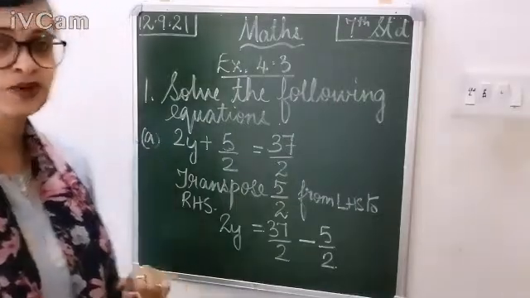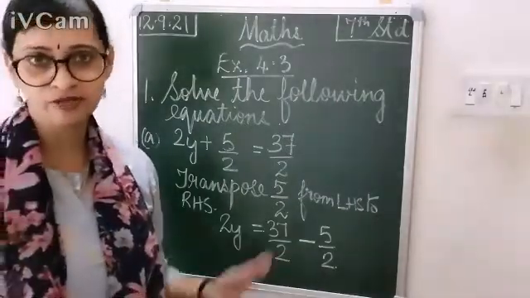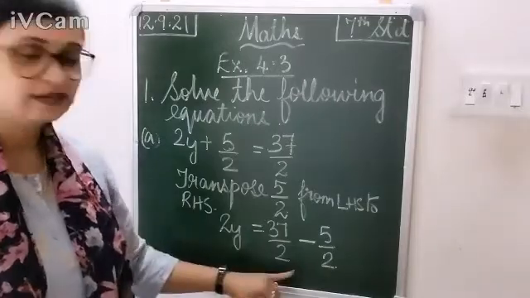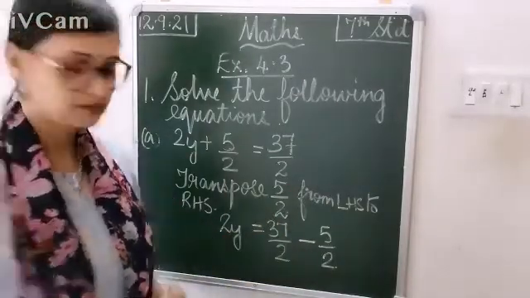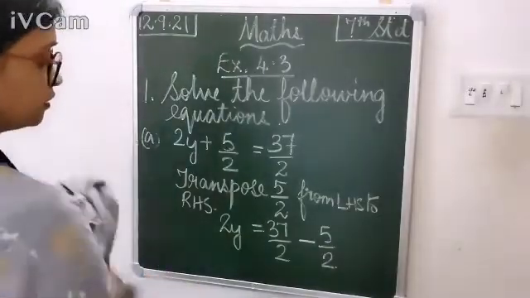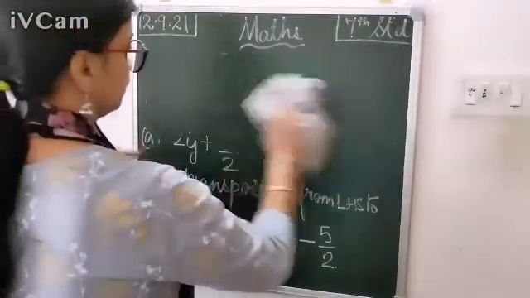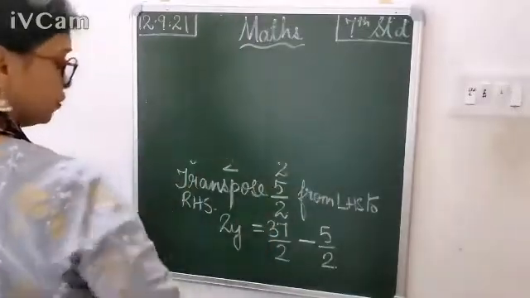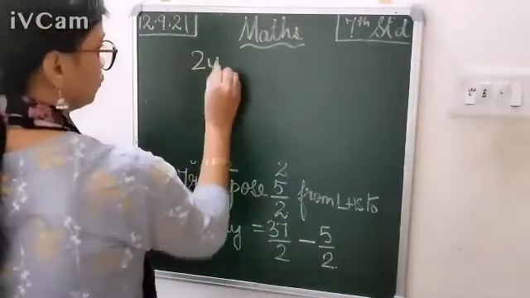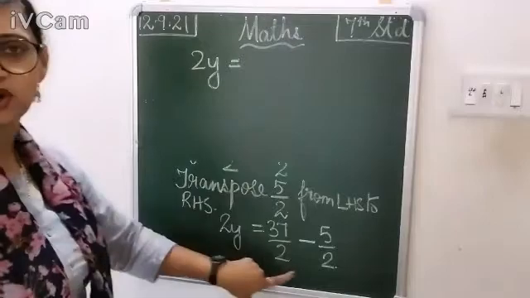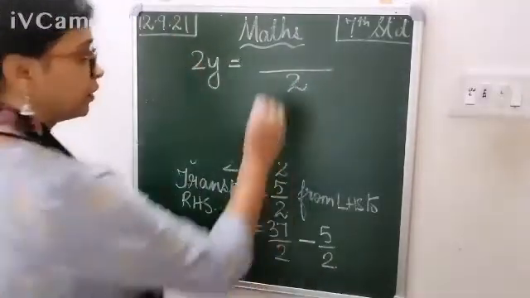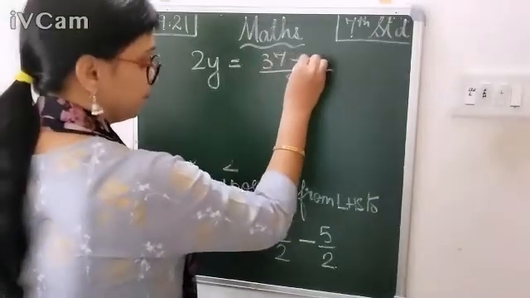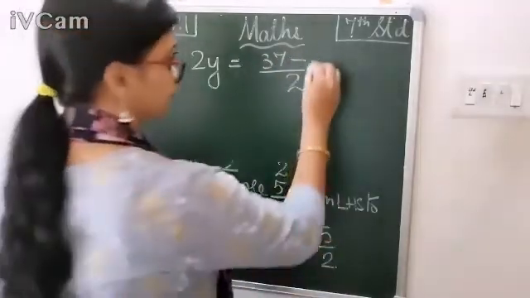Now in class 6, you have learned addition and subtraction of fractions, right? So in fractions, if the denominator is the same, you can subtract, correct? So here, 37. How will you write? You will say 2y is equal to, since the denominator is the same, I'm going to write 2 below, and then here you have 37 minus this 5.